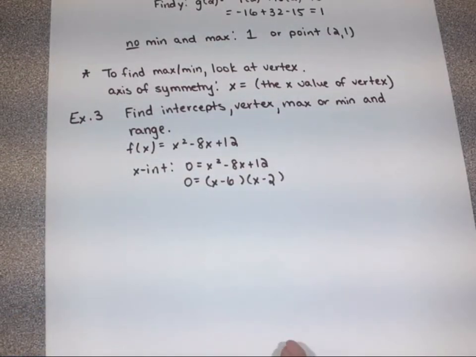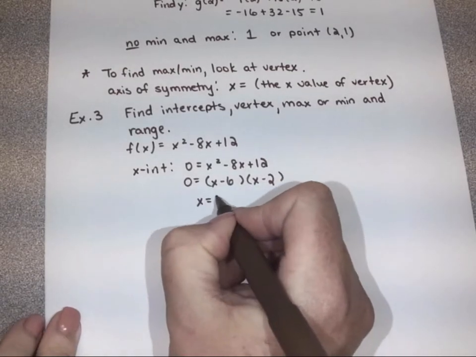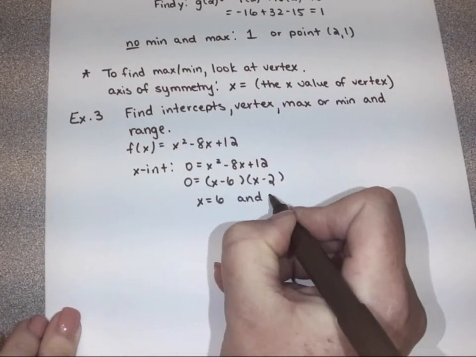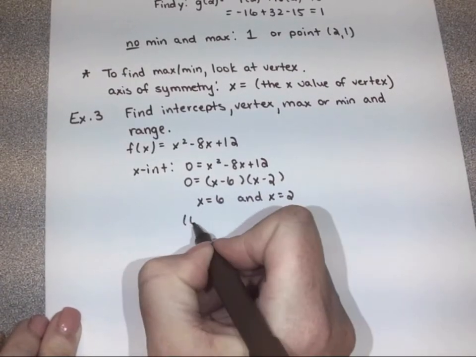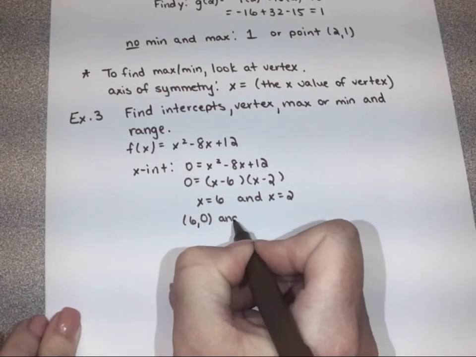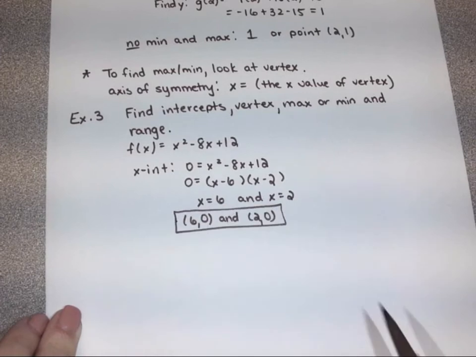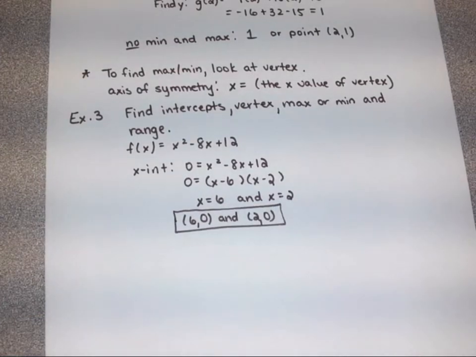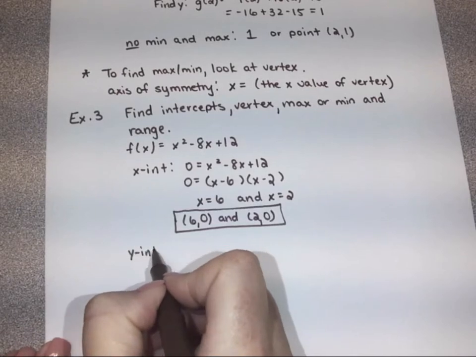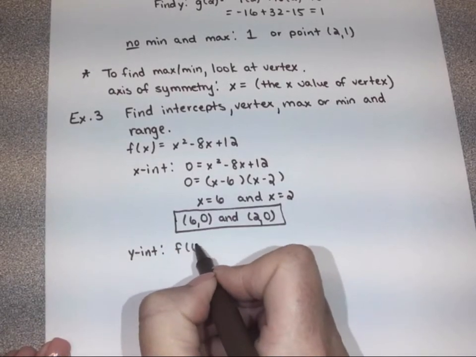So if I set both of these equal to 0, I end up getting x equals 6 and x equals 2. My math lab's probably going to want these as points. So (6, 0) and (2, 0). The y-intercept, let's do f of 0.